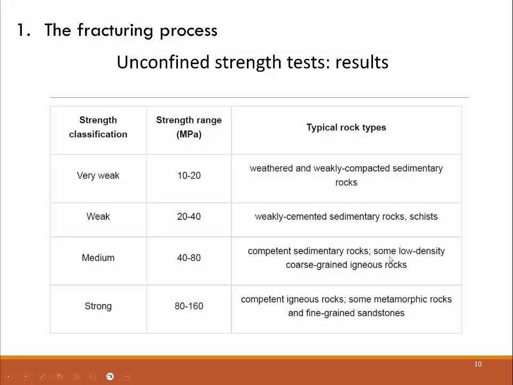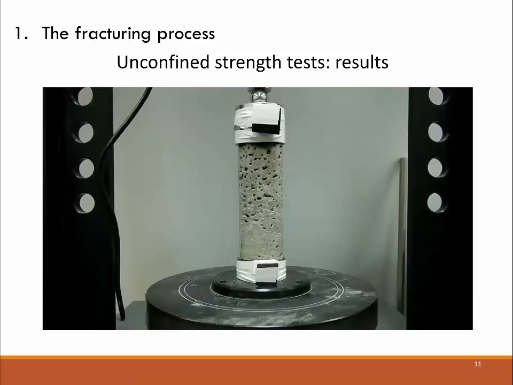Typically coarser grained igneous rocks are moderate in their shear strength, and the strongest rocks we will find amongst the igneous rocks, particularly fine-grained igneous rocks, can have a very high shear strength, perhaps exceeding even 160, maybe 200 megapascals. Here we see an example of such a strength test.